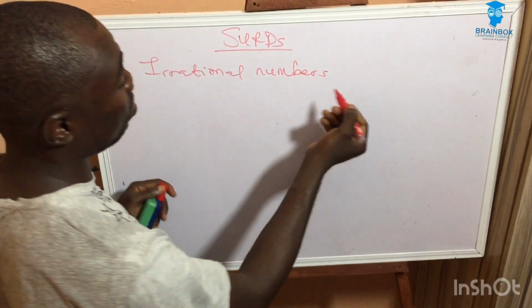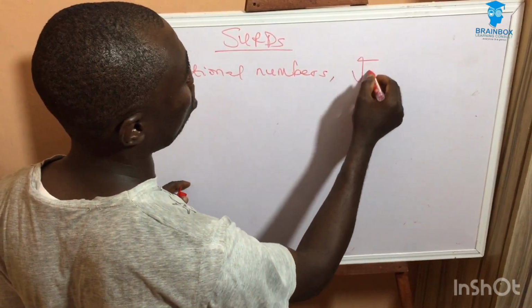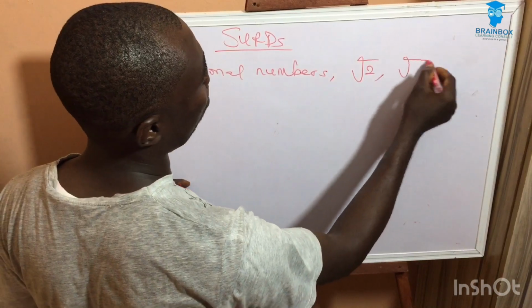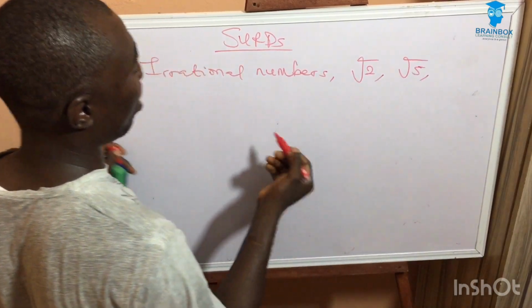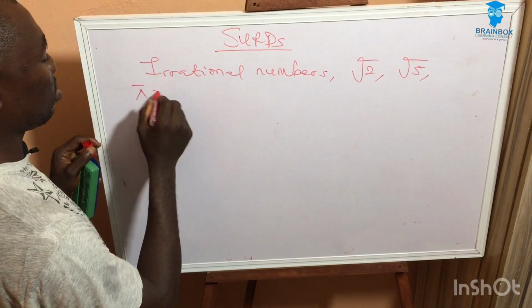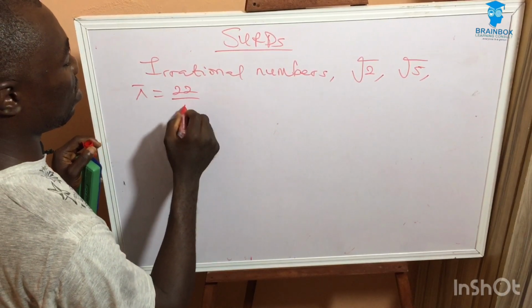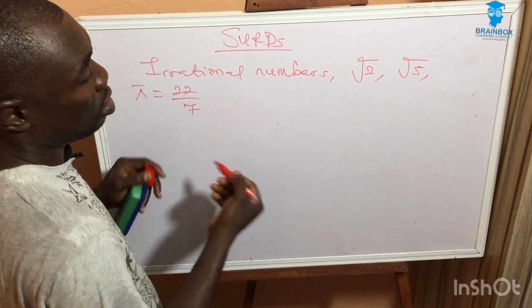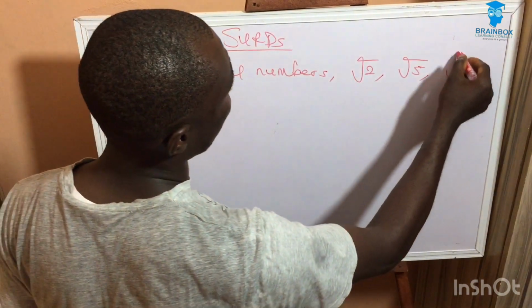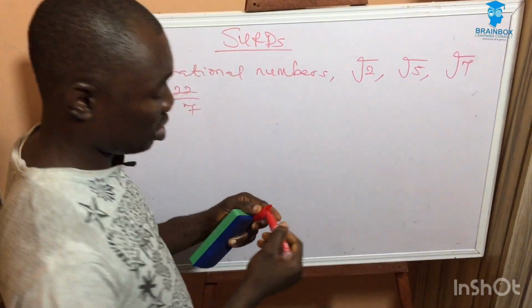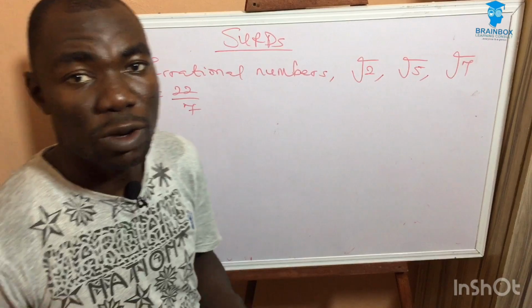Examples of irrational numbers are root 2, root 5, and pi, which you call 22/7, and so on and so forth. We can have root 7. All these are irrational numbers.